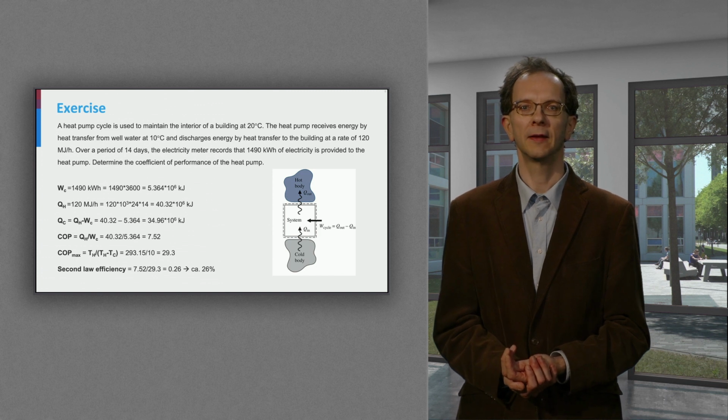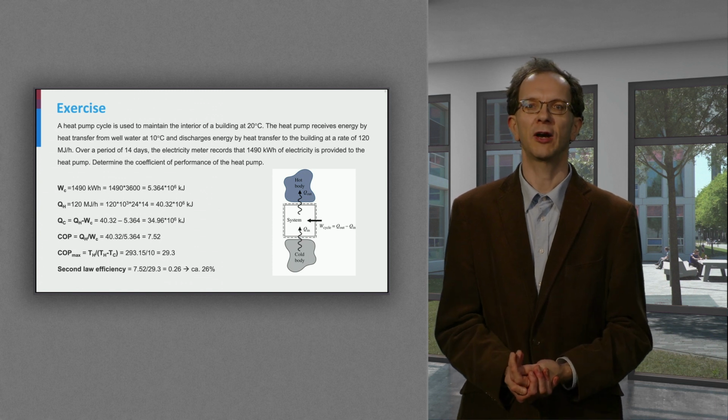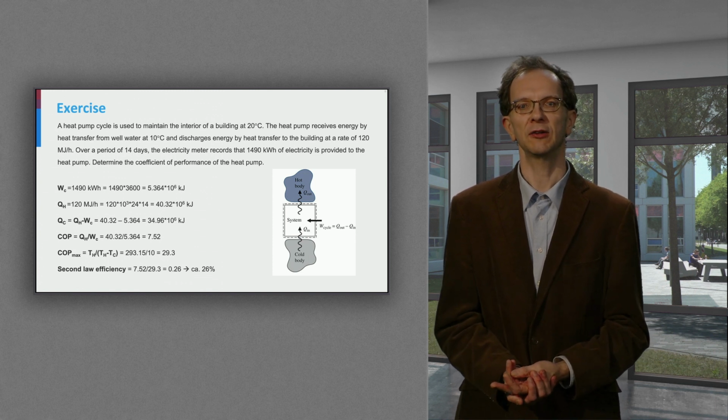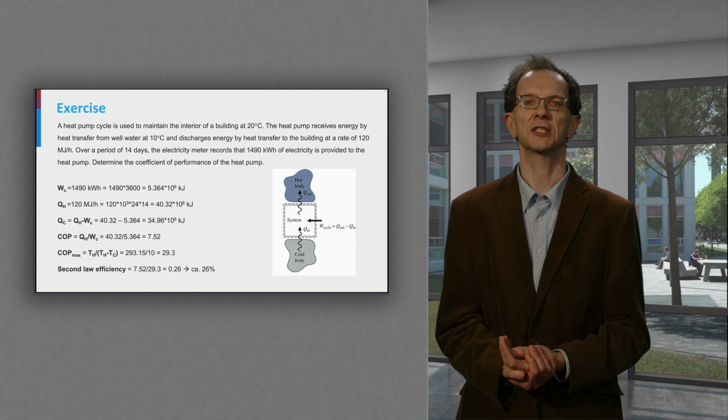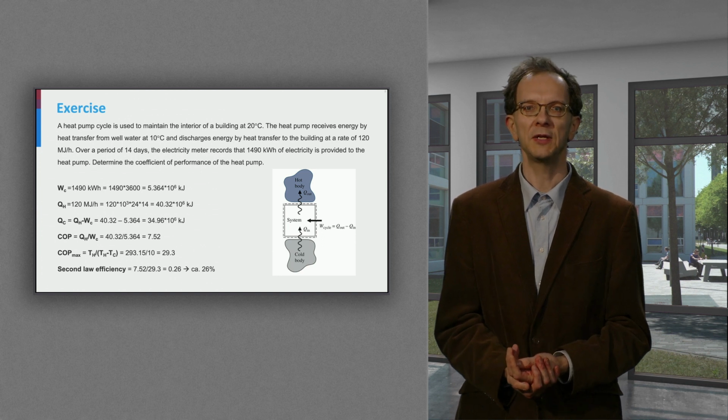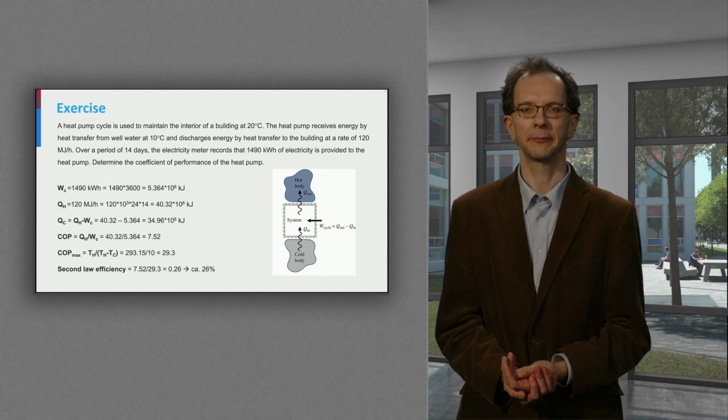By dividing the COP with the Carnot COP, we finally find the second law efficiency, 7.52 divided by 29.3, and this is 0.26, which means 26%. This means that there is some room for improvement in the COP of this heat pump.